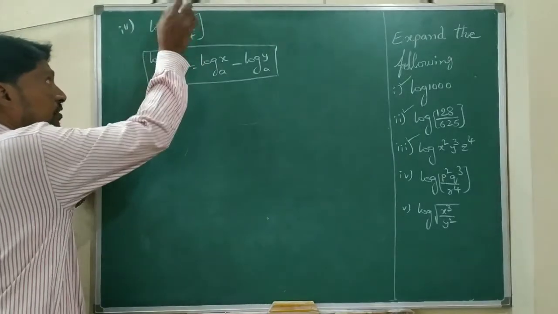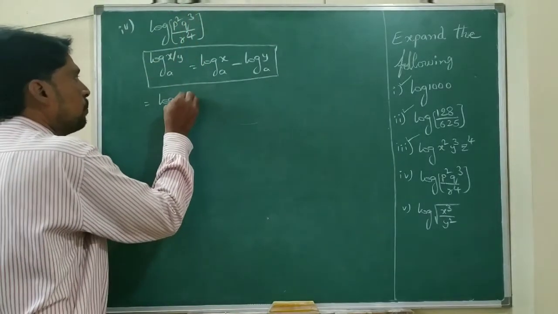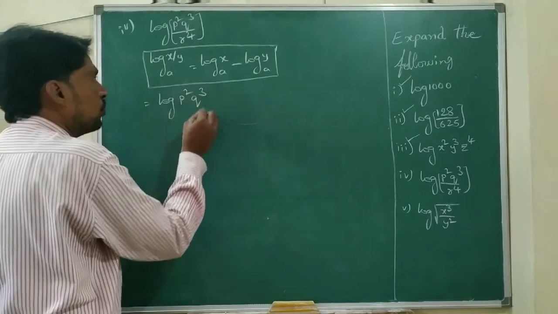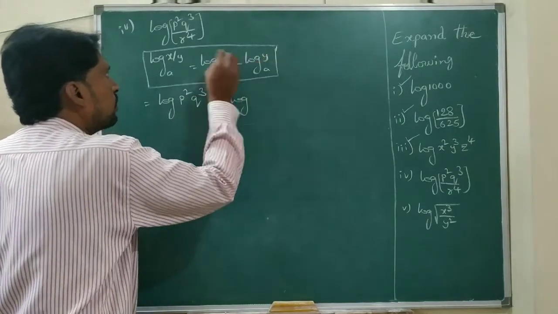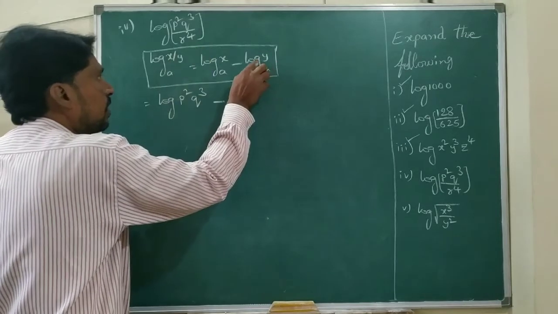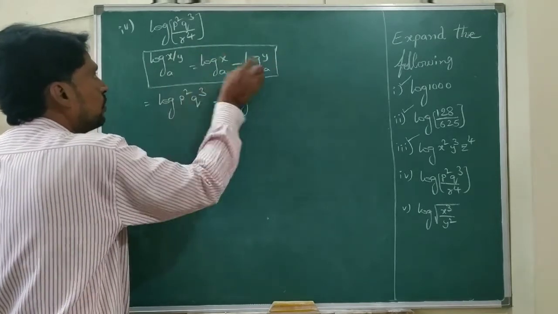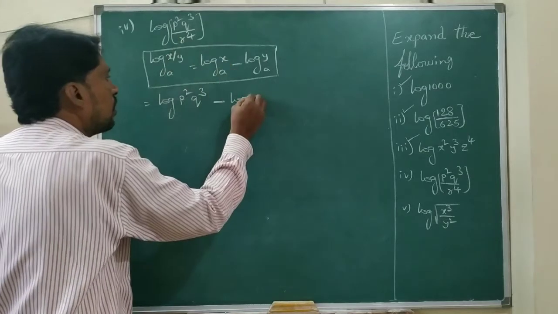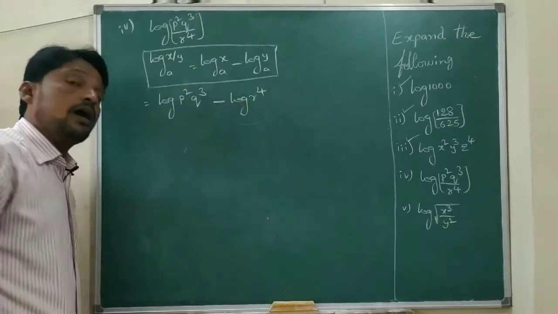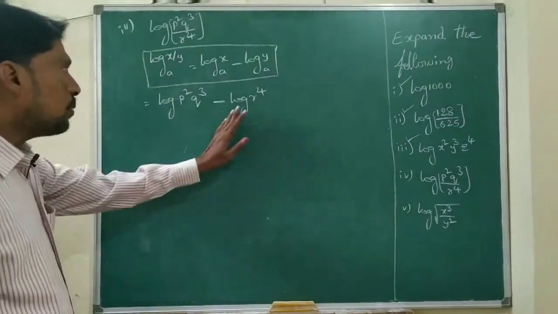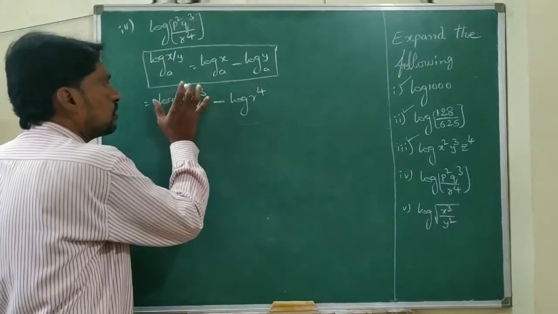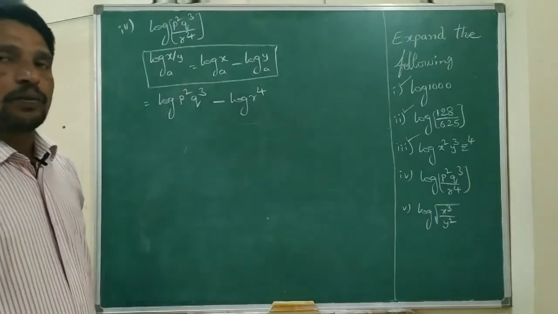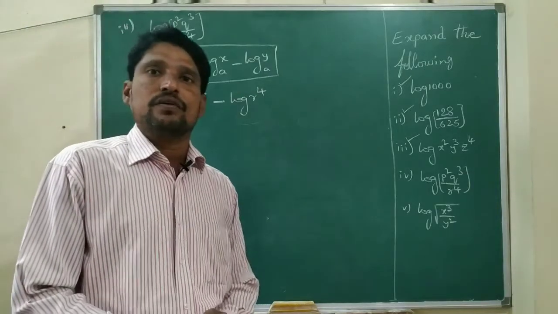So for the numerator we need to take the total, p square into q cube, minus log of the denominator, r power 4. Up to this point we take it as it is, and then we need to apply one more property. What type of property do we have to use here?